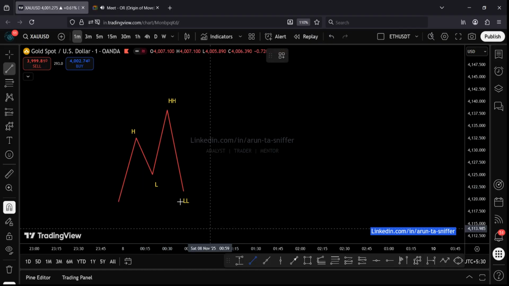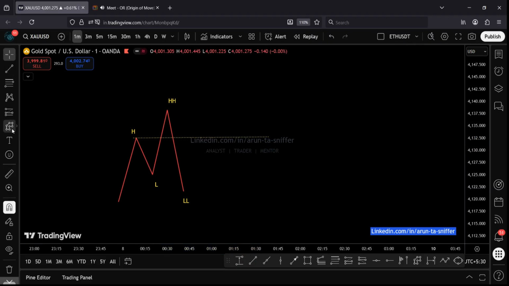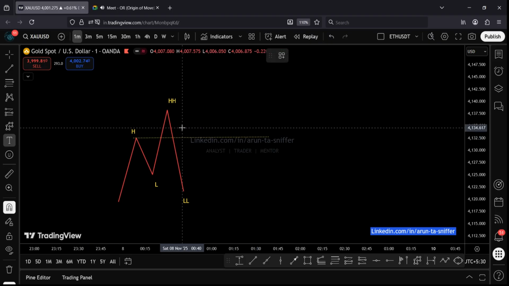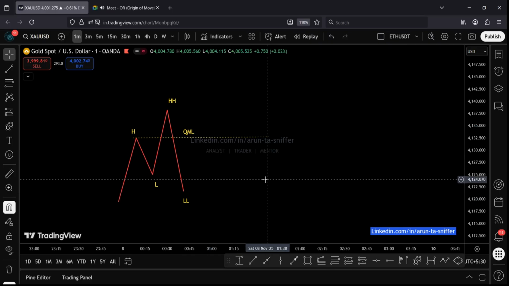And this one is our QM level, QML. We denote it with QML, right? This is our QM level.